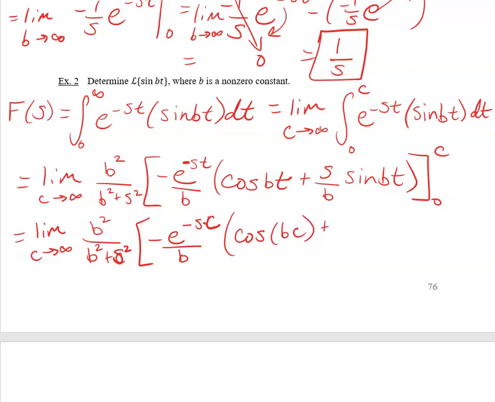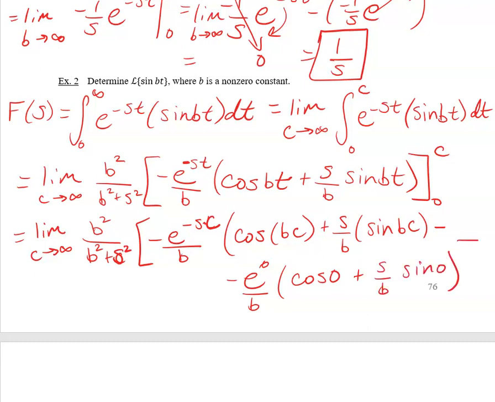Sorry, there's a lot of variables here. S over b times the sine of bc, and then all of that minus, let's come down here and write it, negative e to the 0 power over b times the cosine of 0 plus the s over b times the sine of 0.